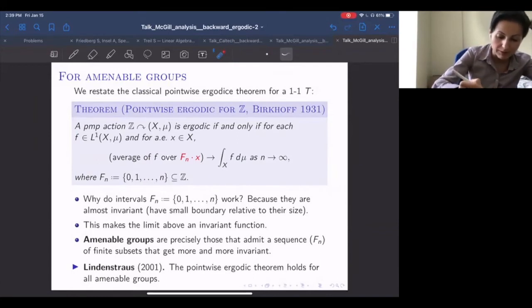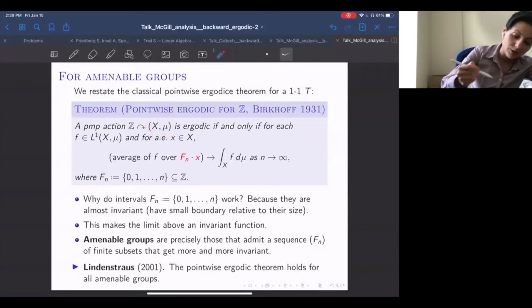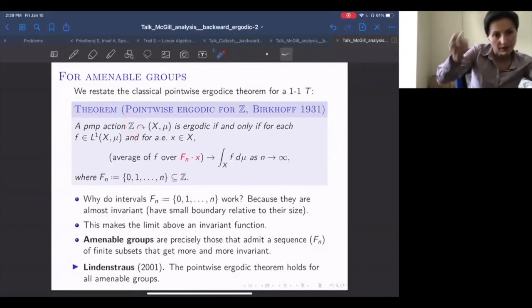Bufetov ergodic theorem, if you just write it for a one-to-one transformation T, by measure preservingness, this transformation should just be an automorphism of the measure space X. So in fact, you can just consider the action of Z, where the automorphism is just the action of one.